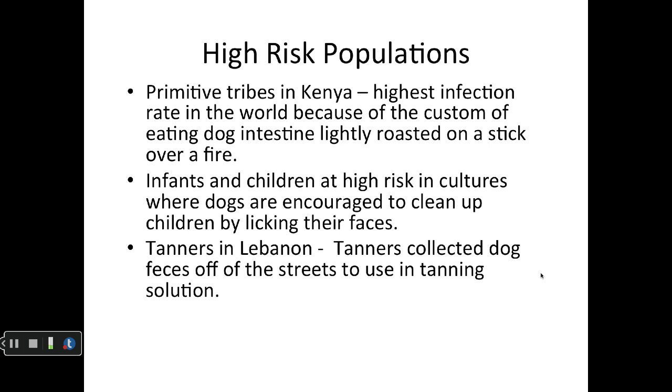Basically the dog intestine would be removed and quickly rinsed out, stuck on a stick, and just lightly roasted over a fire. And if the tapeworms are inside the intestines and the eggs are still present, they can get a very, very huge dose of those Echinococcus granulosus eggs when they eat the dog intestine.